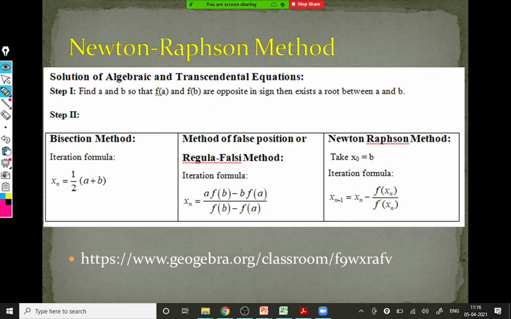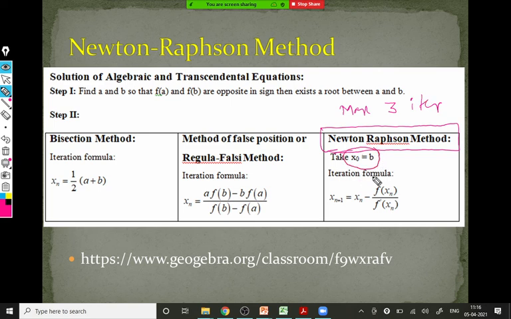But I will tell you, the Newton-Raphson method is a faster convergent method. This is the most used and an important method, because it gives you the root in fewer iterations. Maximum you will require about three iterations in any example, but it depends on what x0 you selected.